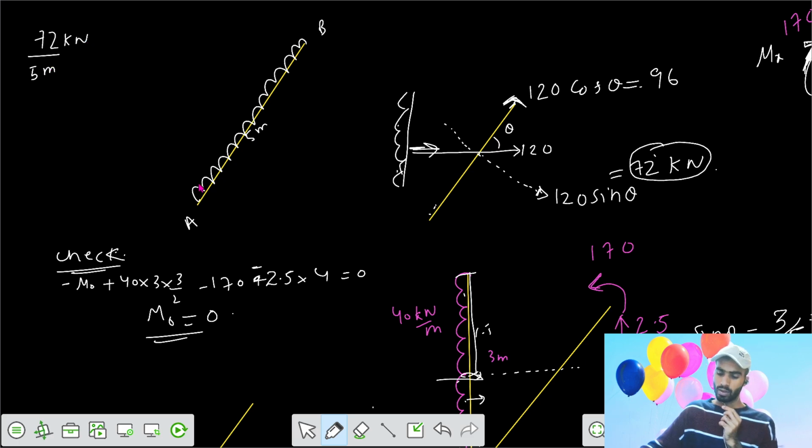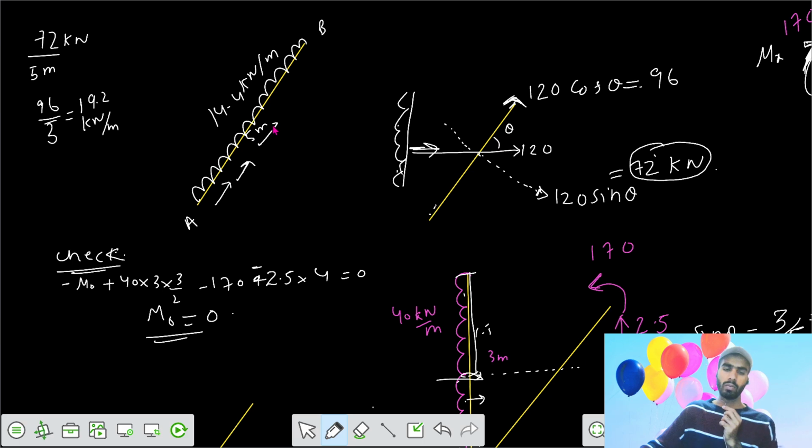It comes out to be 14.4 kilonewton per meter, and along the axis of the member, you also get an equivalent load of 96 by 5, which equals 19.2 kilonewton per meter.